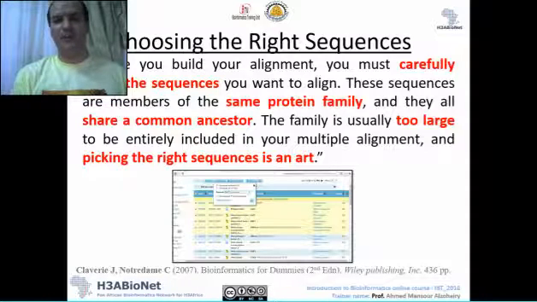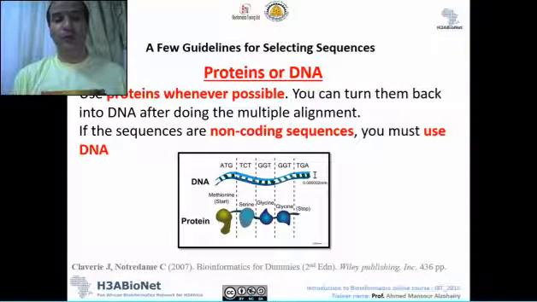If you try to take a protein family that shares a common ancestor, this probably will be too large to include entirely. So in this case, you have to pick the right sequences, which is a little bit of an art. We will give you a few guidelines for selecting the right sequences.